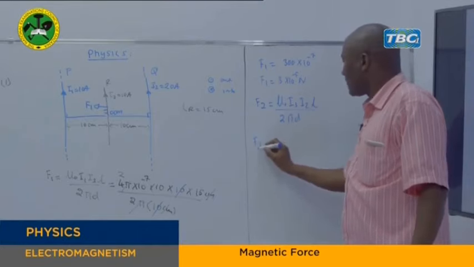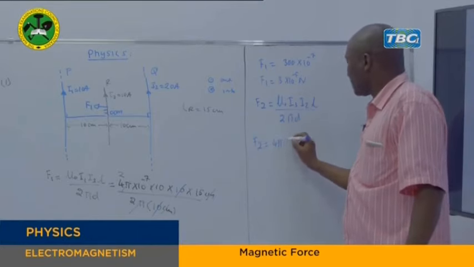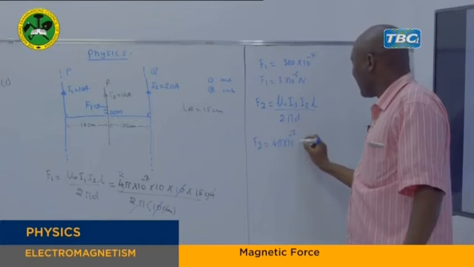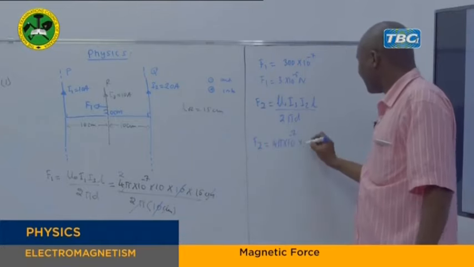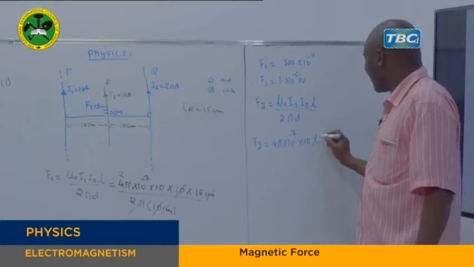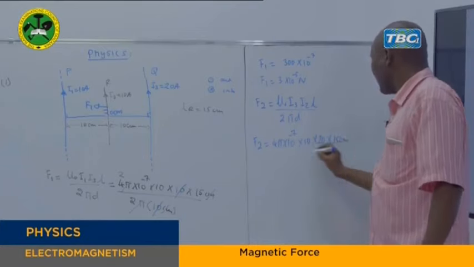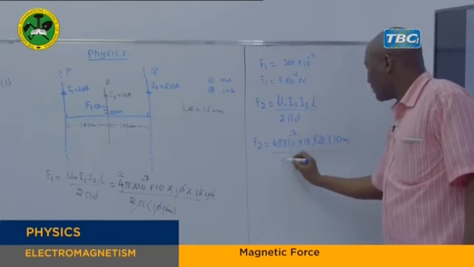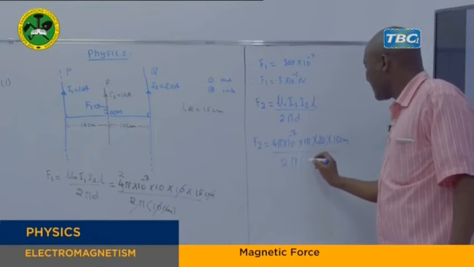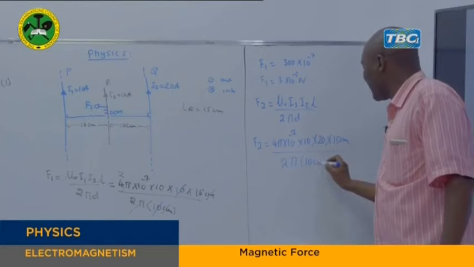This equals 4 pi times 10 to the negative 7, I3 is 10, I2 is 20, the length again is 15, over 2 pi times the distance between them, which is 10.